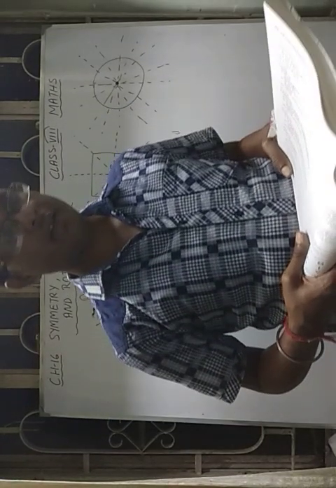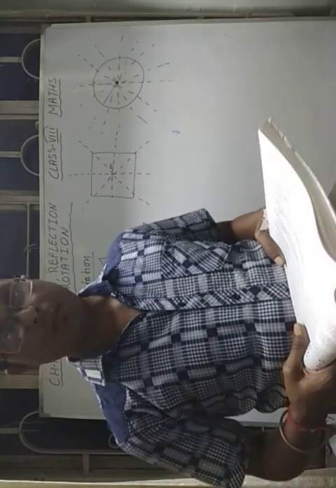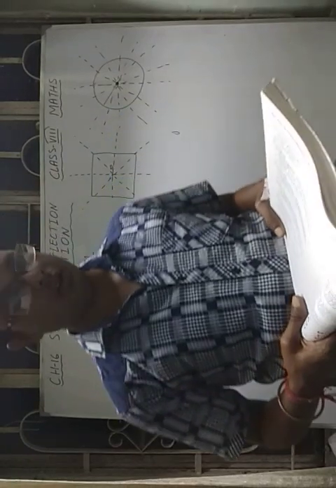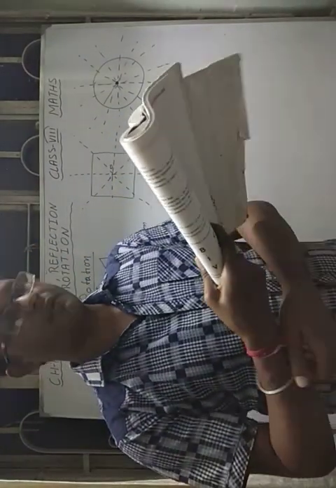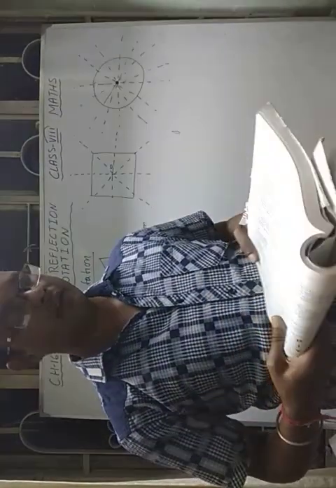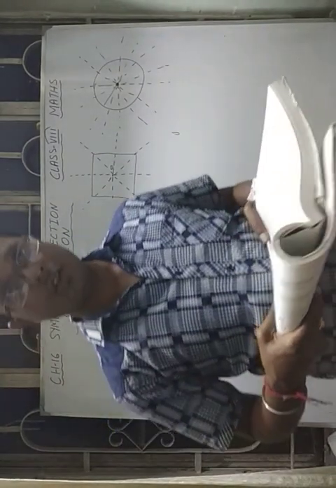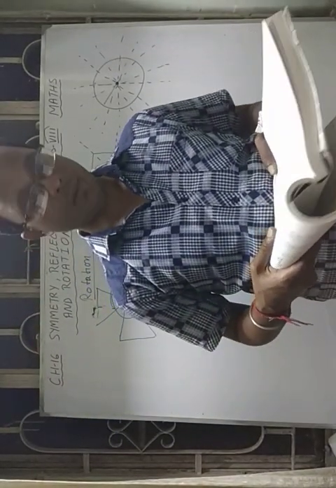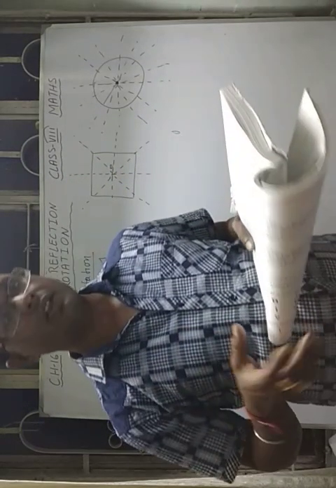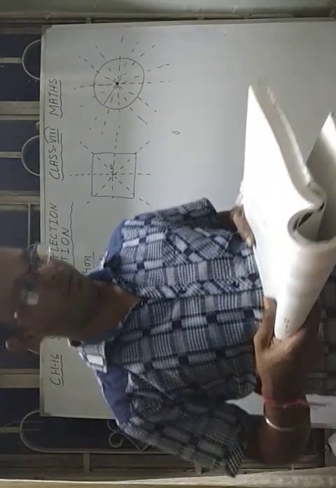Rhombus, 2 lines of symmetry, 1 point of symmetry, and also rotational of order 2. Square, I have shown you, it has 4 lines of symmetry, it is rotational also, it has 1 point of symmetry and rotational of order 4.